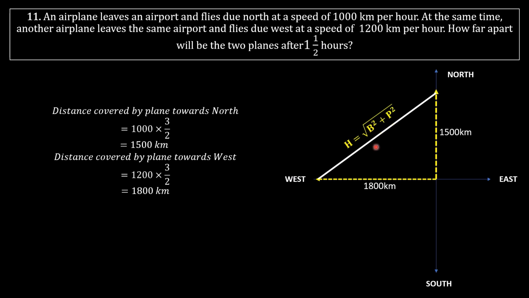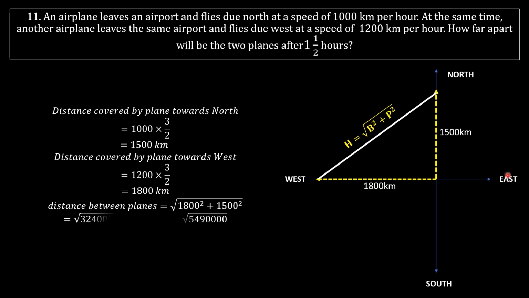We need to find the hypotenuse of this right triangle, and by Pythagoras theorem we know that it is under root of base square plus perpendicular square. So let's apply this. Distance between the planes is equal to the whole under root of base square plus perpendicular square.